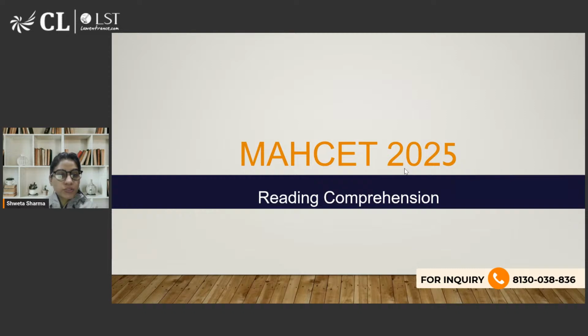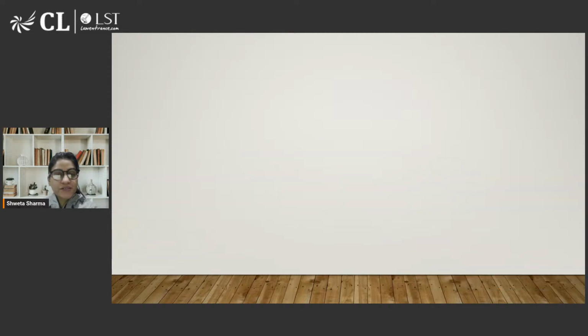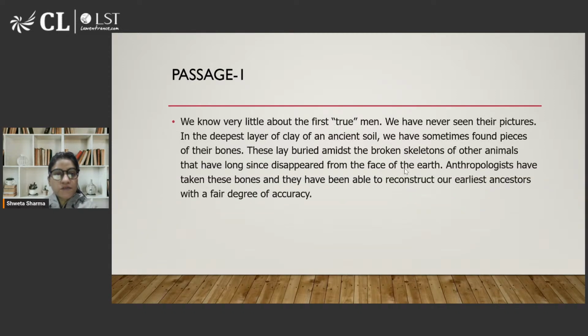Let me pull in the first passage. This is the first passage, paragraph 1. Quickly go through the slides, I mean the first paragraph, and then we discuss the passage.